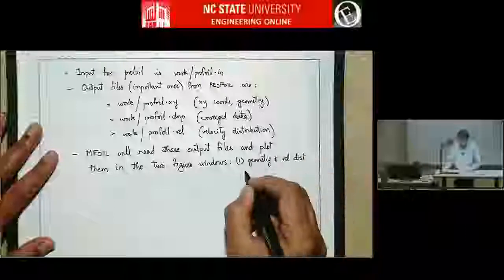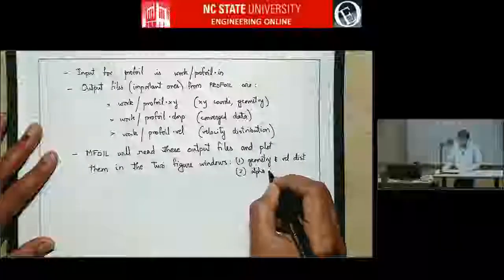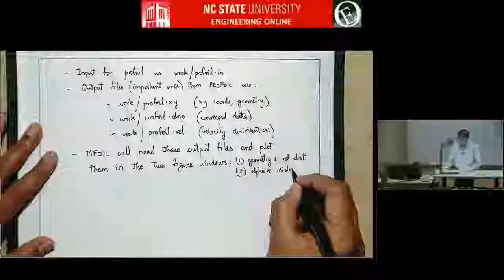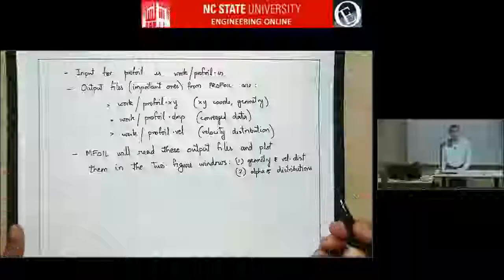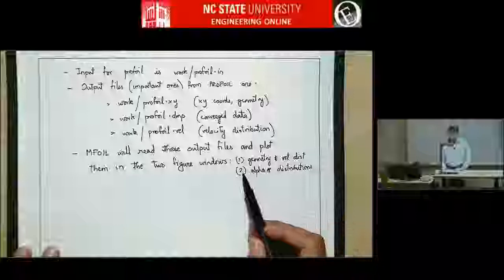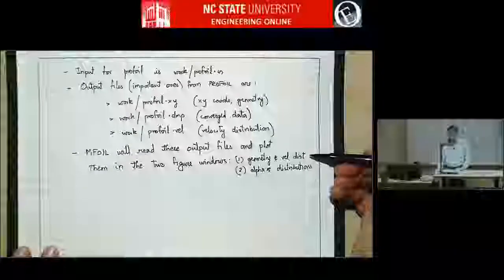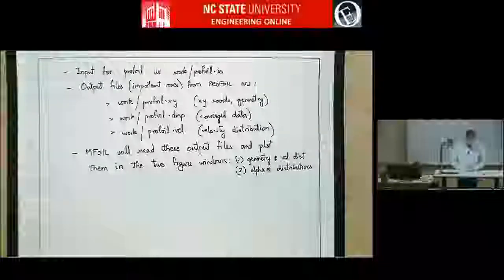That's the top window, and the bottom window is alpha star distributions. So in the demo in the last class, you might have seen this window, but we didn't pay attention to it. We were focusing only on this window. But as we go forward, we'll talk about this one also.